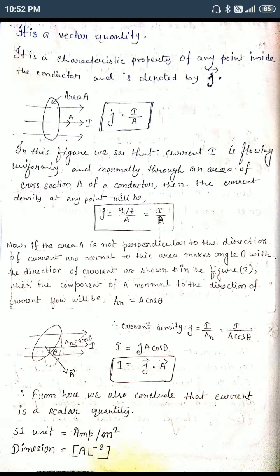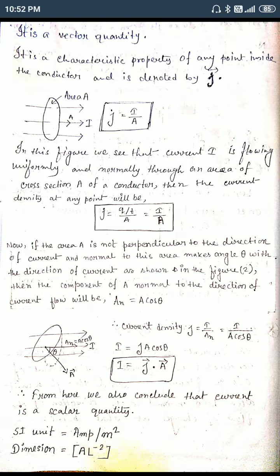In the first figure, because the area is normal to the direction of electric current, the area vector and the current are in the same direction. But in the second figure, the area vector makes an angle theta with the direction of current. So in that case we use the component which is perpendicular to the direction of current, and that is A cos theta.